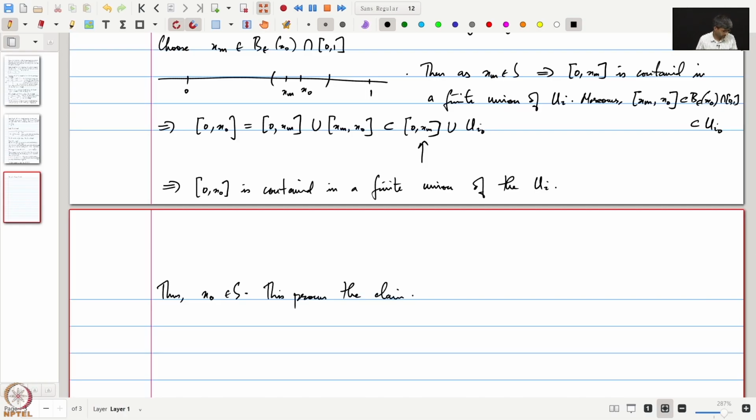Now next we claim that x_0 is equal to 1.